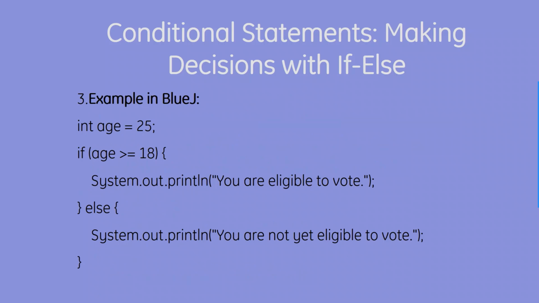You guys know what System.out.print is. What is ln? Ln is basically the next line. It will be printed in the next line. If you have to print two different statements, it won't display in the same line, it will display in the next line. So here, the answer will be you are eligible to vote, since the condition is true.